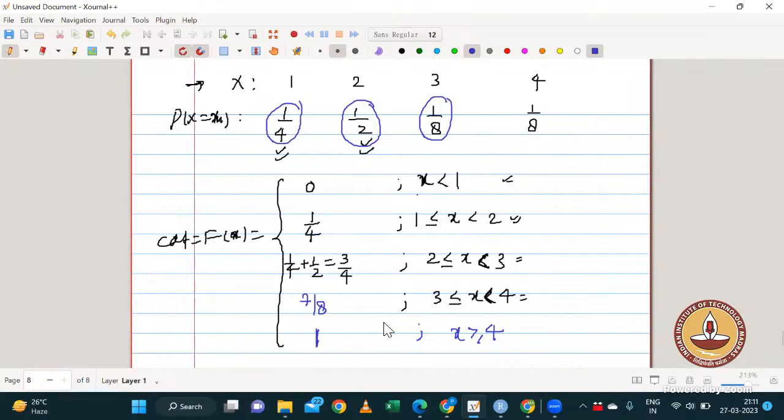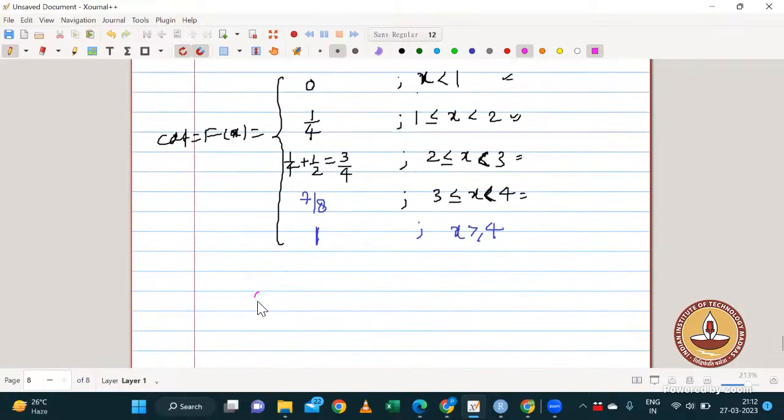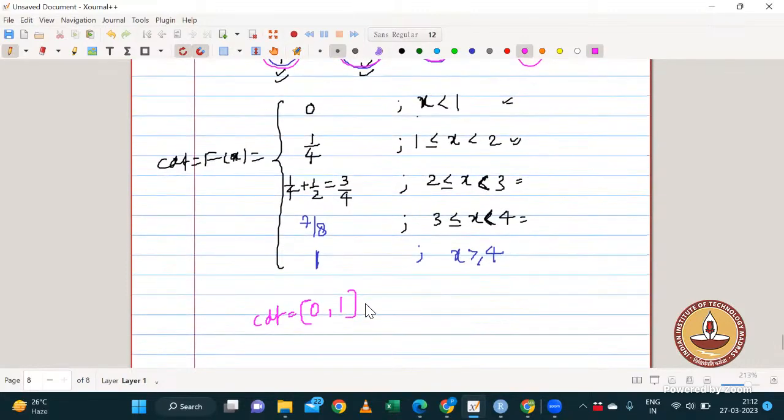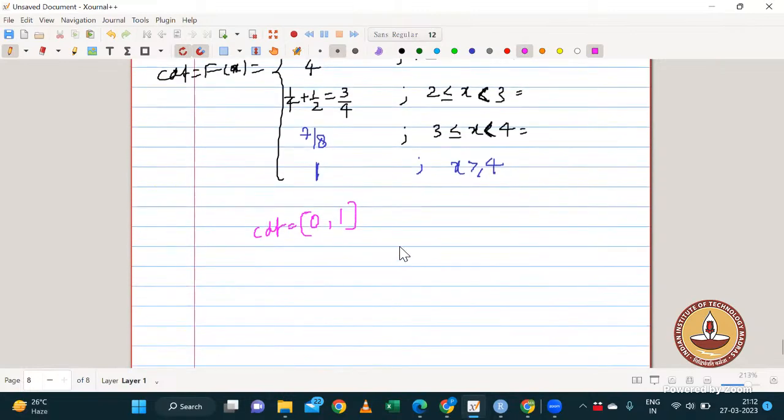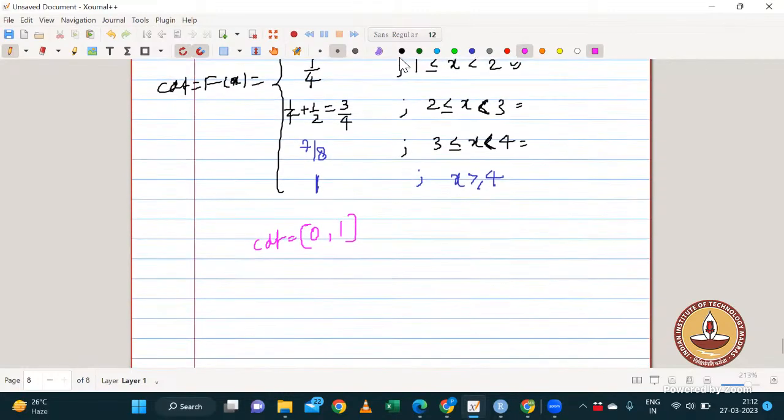Now you can verify it's a correct PMF, because till 4 we are adding all the probabilities, this one plus this one plus this one and this one. So I got 1, correct? And the CDF always lies between 0 and 1. The CDF cannot go below 0 and cannot exceed 1.